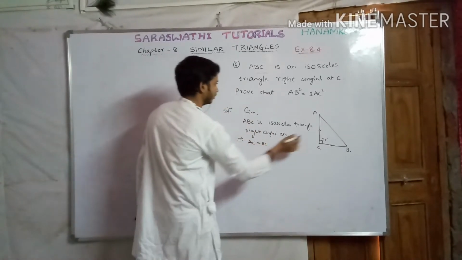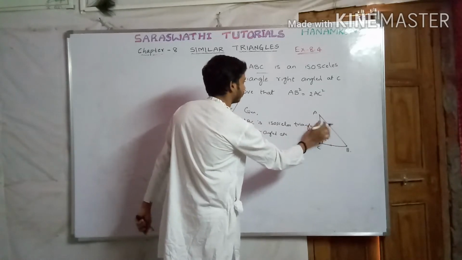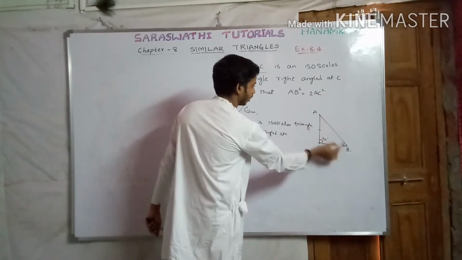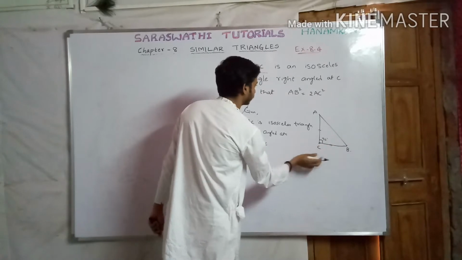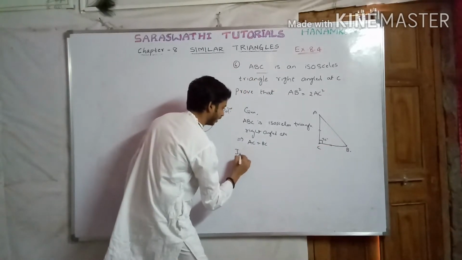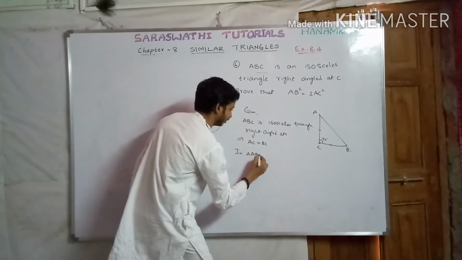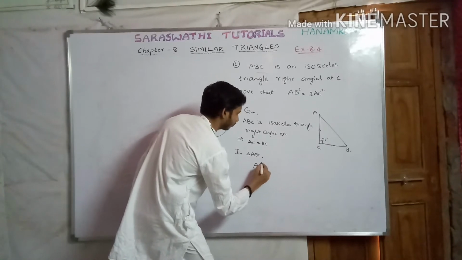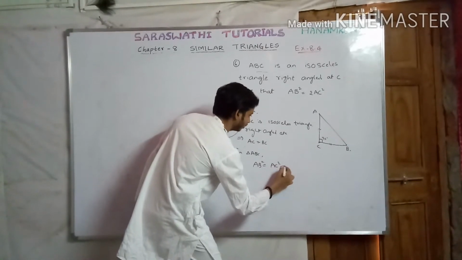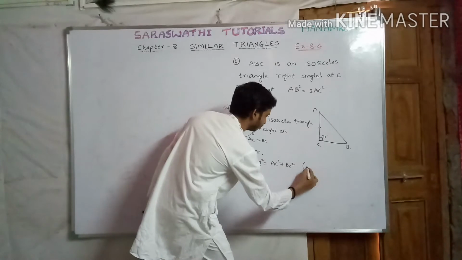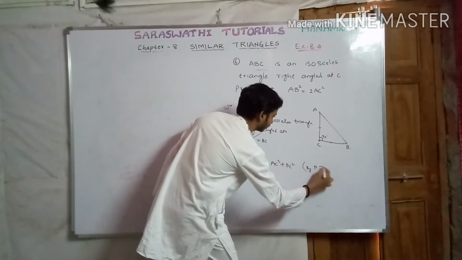Okay. So since it is a right angle triangle, if you apply Pythagoras theorem to it, hypotenuse square equal to sum of squares of the other two sides. That means in triangle ABC, we can write AB square equal to AC square plus BC square by Pythagoras theorem.